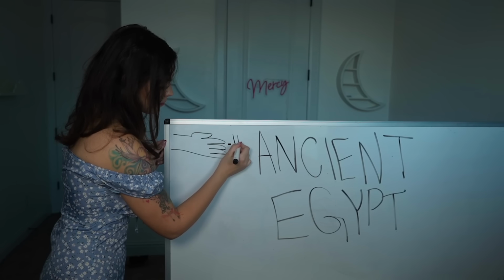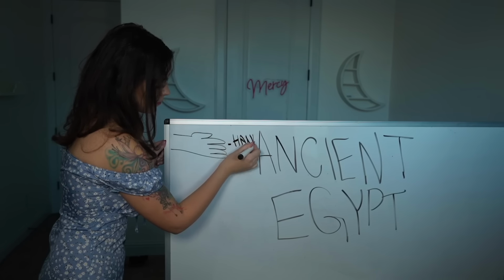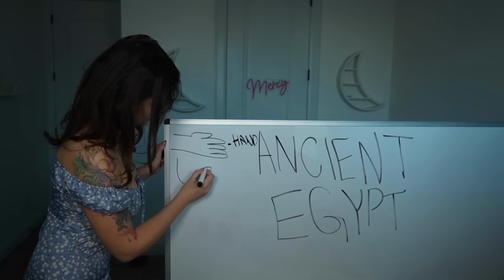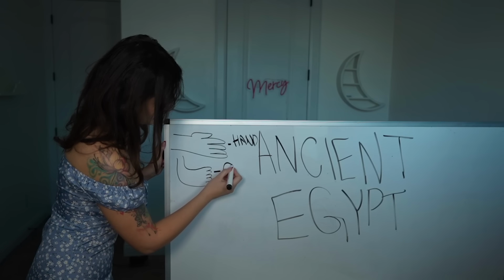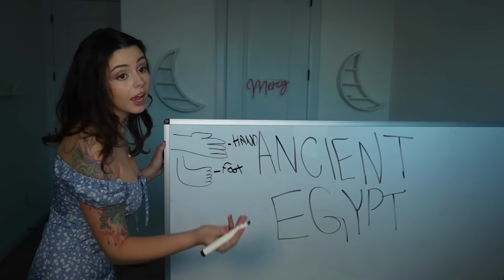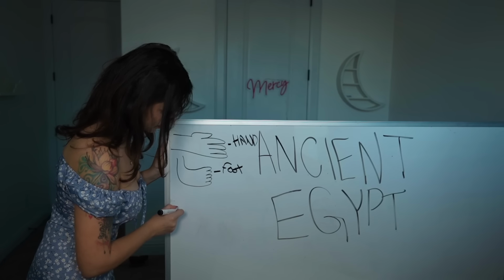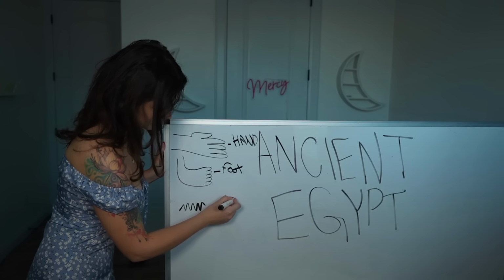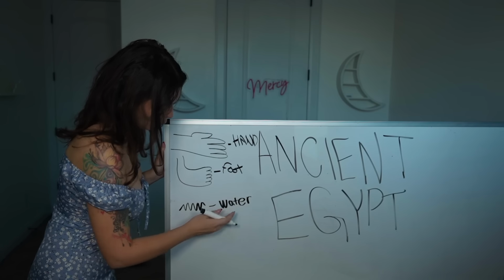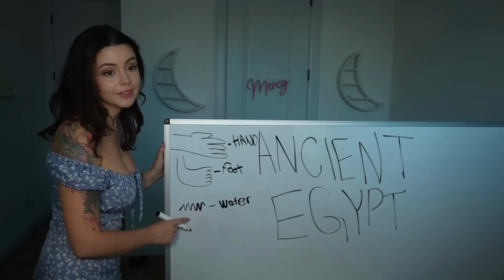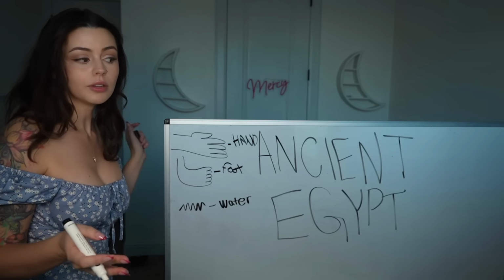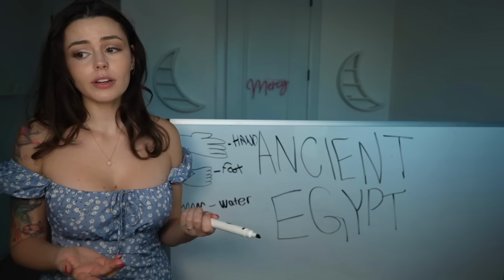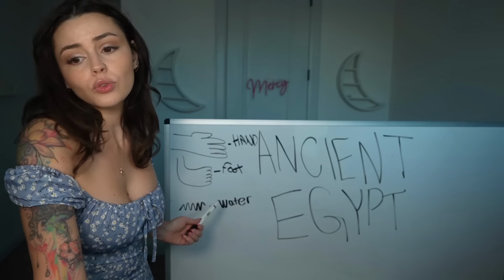Hand. Same for a foot. And then we have water. Water. It looks like waves. And that's one that maybe it's a little bit harder to know what it is. Hand and foot, that's easy. Water, what? That's squiggles. That could be anything.